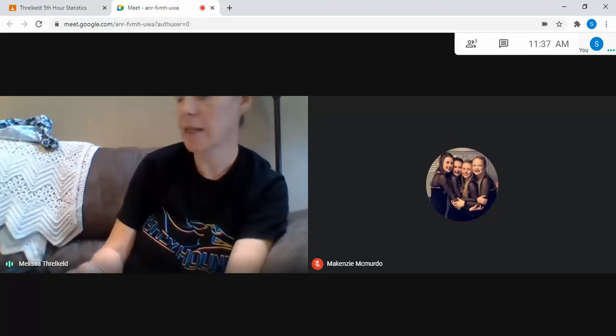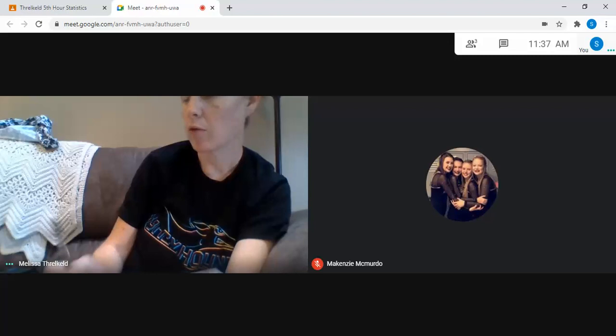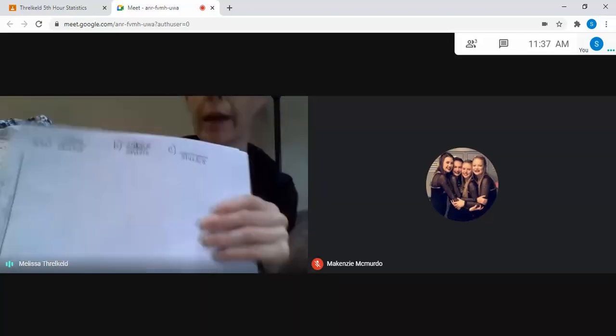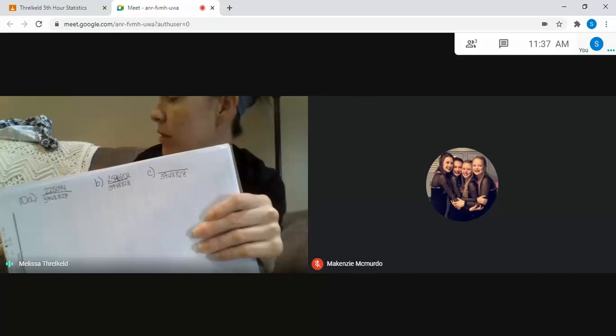C, this one is an AND. So my denominator is still out of everybody. So it's still the 3 million number for the bottom. But my numerator is the weight 3,000 to 3,999 and post-term. So you are just looking for the overlap.